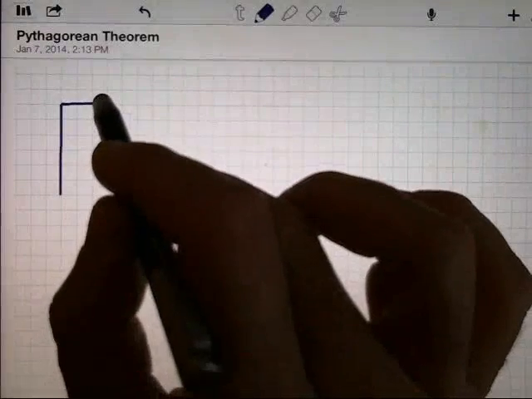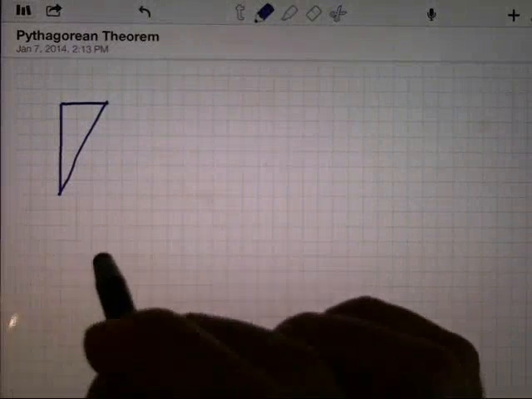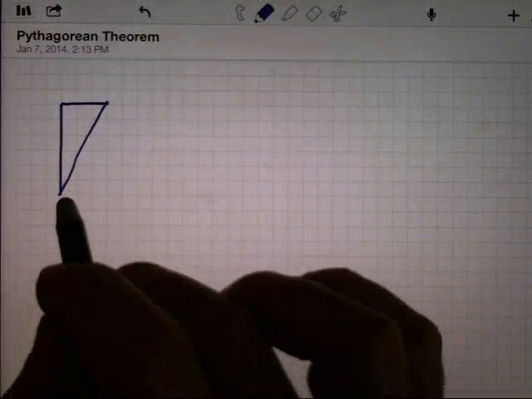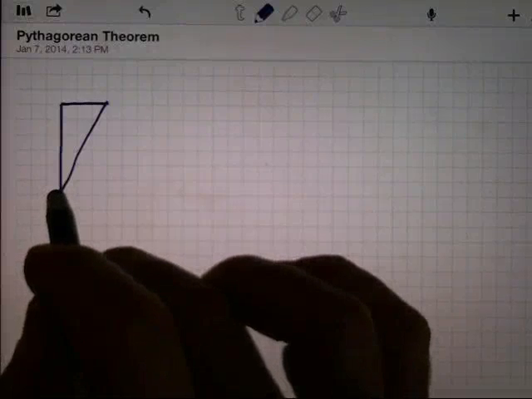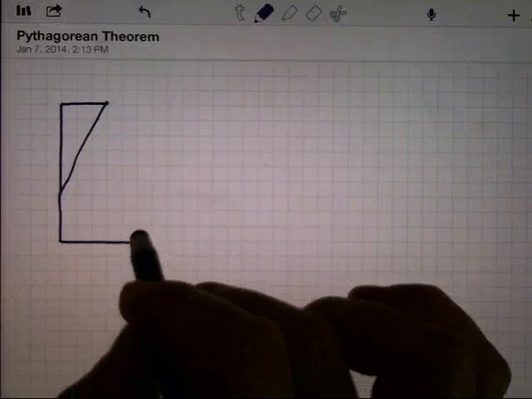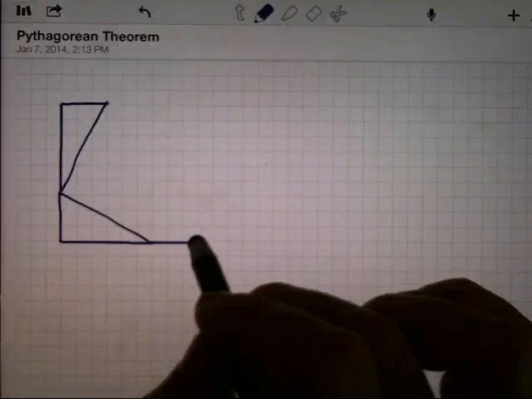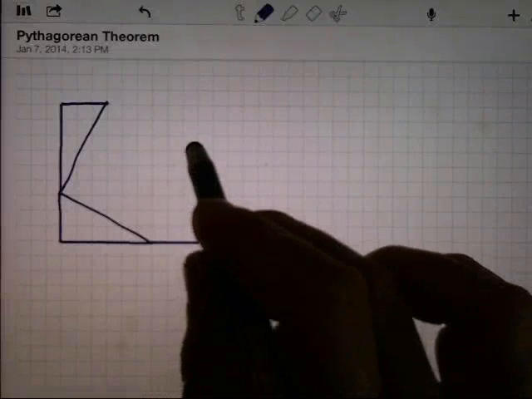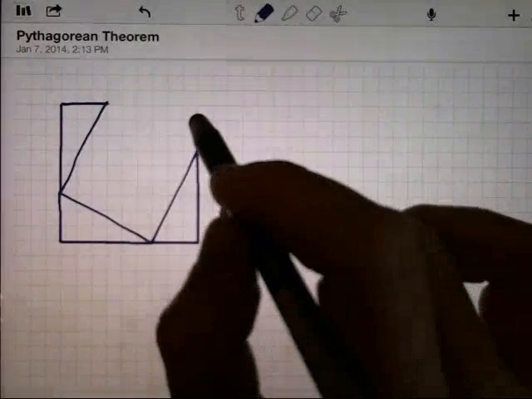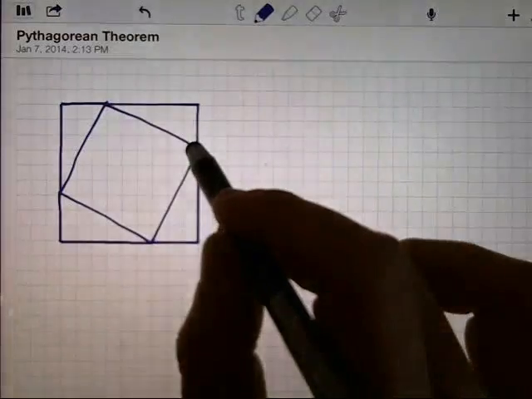I'm drawing this one with side lengths 3 and 6 just to keep myself on the grid. I'm going to draw that same triangle again, although I'm going to put the 3 here and then the 6 going across here. I'll draw it a third time, 3 and 6, and a last time, 3 and 6.